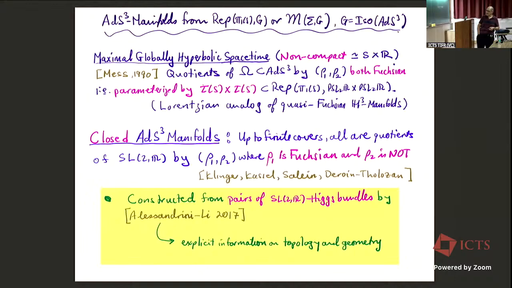And Daniele Alessandrini and Qiongling Li showed how to use pairs of SL2R Higgs bundles, the ones related to these pairs of representations, to construct these closed anti-de Sitter manifolds. And one of the nice things that you get from this construction is some global information about the structure of these manifolds. You get explicit topological and geometric information about them from the Higgs bundle construction.